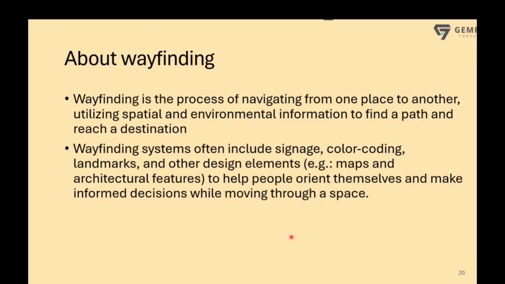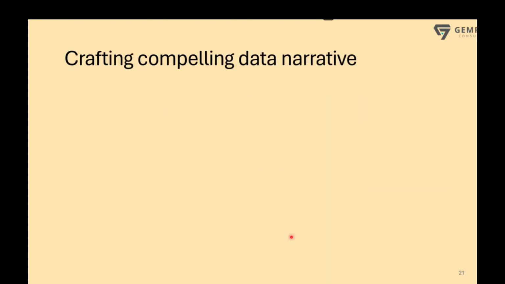I understand that this is not explicitly written in this slide, neither was I verbalizing anything on this slide. So what I'm going to do is bring these 4 aspects into this page, where we ask how we want to craft a compelling data narrative.